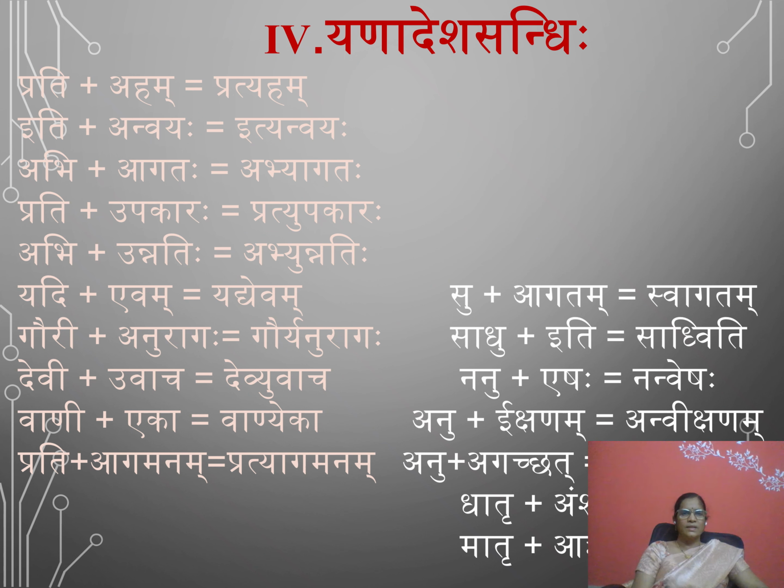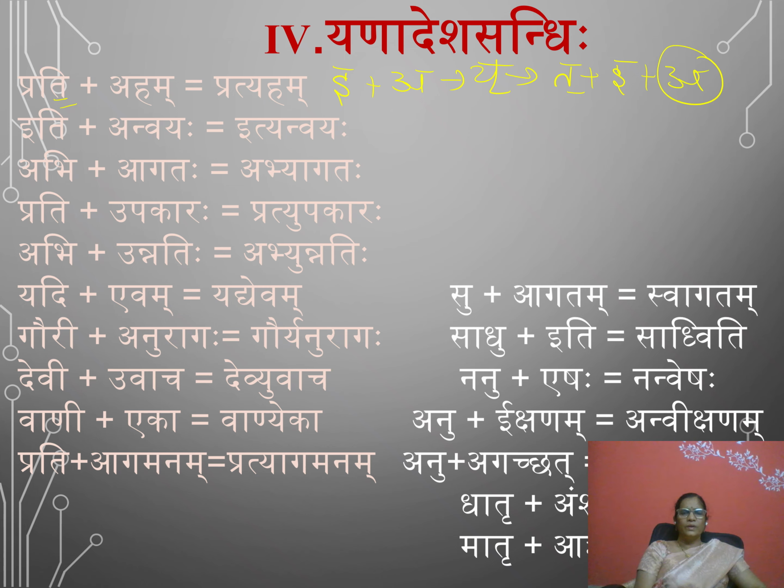In Yan Adesha Sandhi, if we see these examples, the first one is Prati plus Aham. First one is Prati. The word ended with E. Second word started with A. Then in the place of E, we are getting Ya. That means here Prati, tu plus E is there, and second word started with A, right?